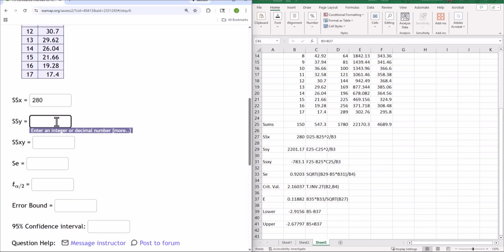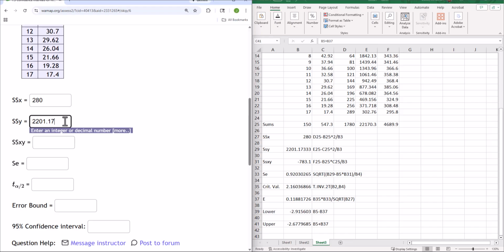280, 2201.17. I think they wanted these to 3 places, so I'm going to go ahead and drag that over. We got a 3, negative 783.1, 0.9203.